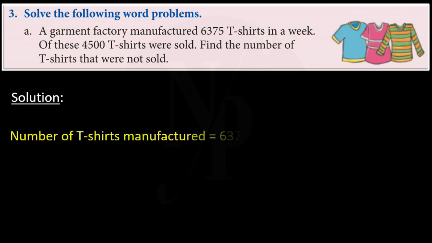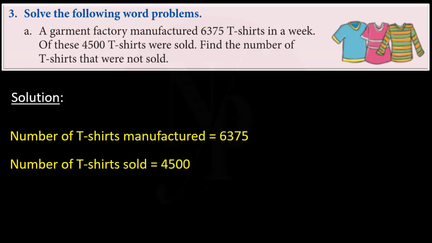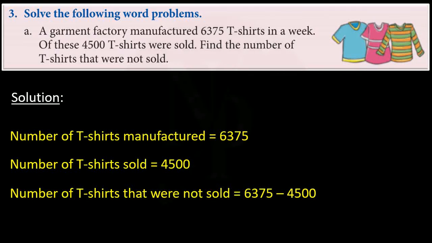Solution: Number of t-shirts manufactured in a week is 6,375. Number of t-shirts sold were 4,500. So how we can find the number of t-shirts that were not sold? Yes, that can be found.